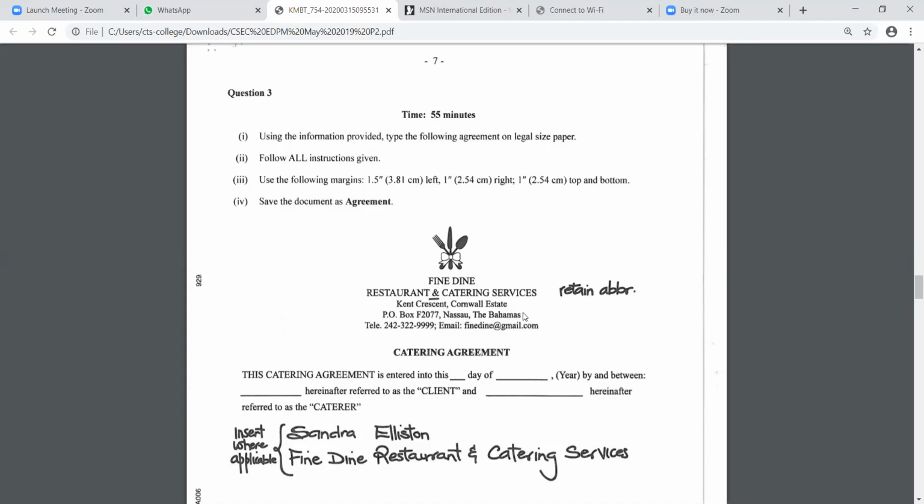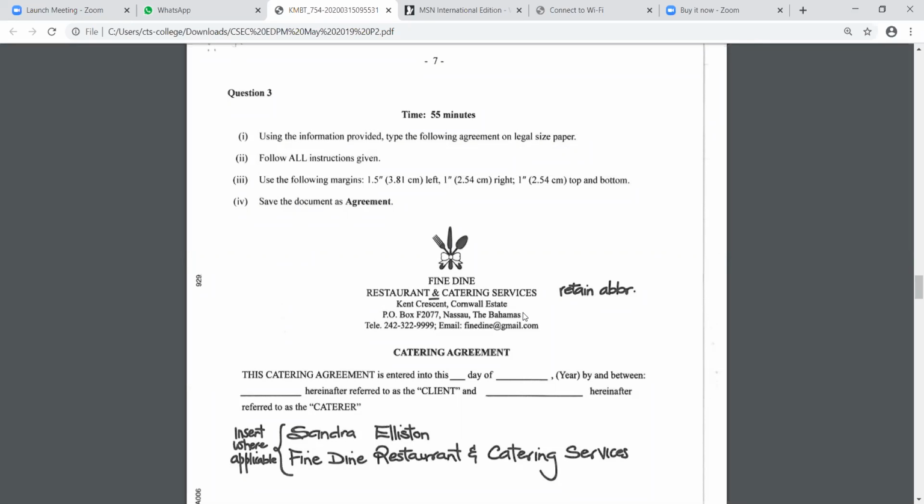The only change you're making here is what? Look at it and look at the instruction. What's the only change that we're making here? Abbreviation, right? ABBR is short for what?